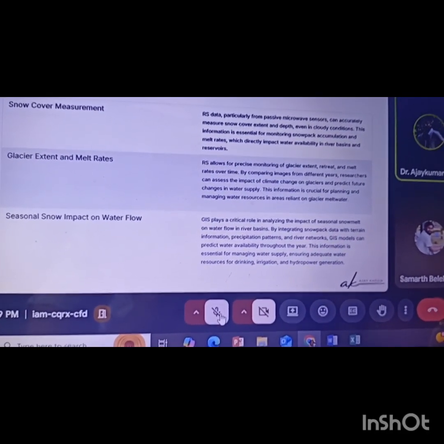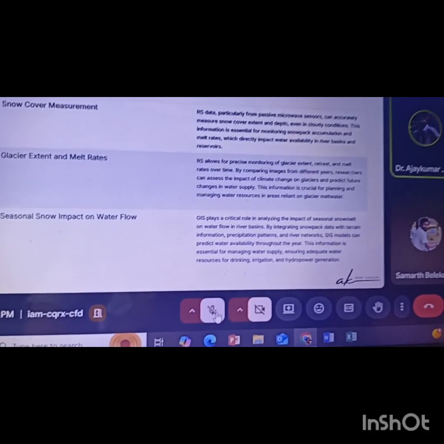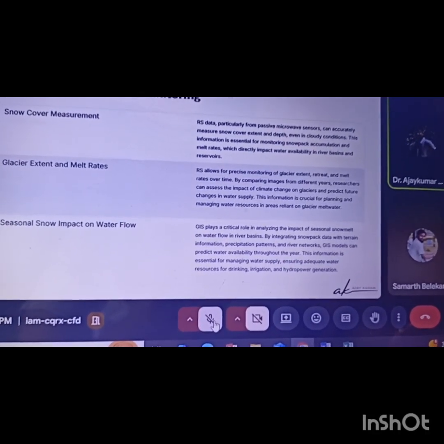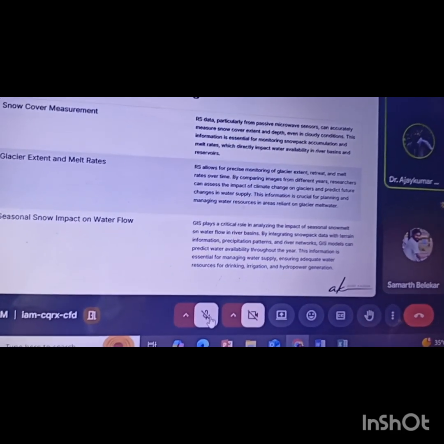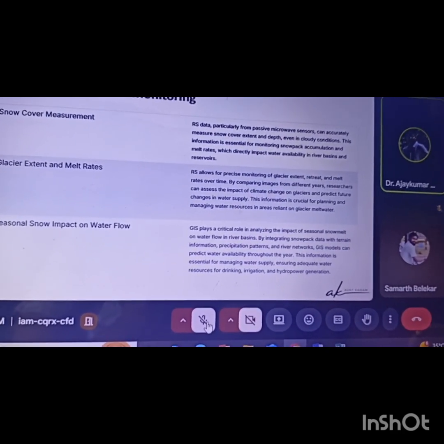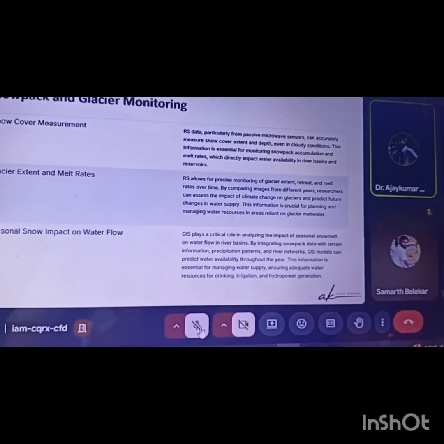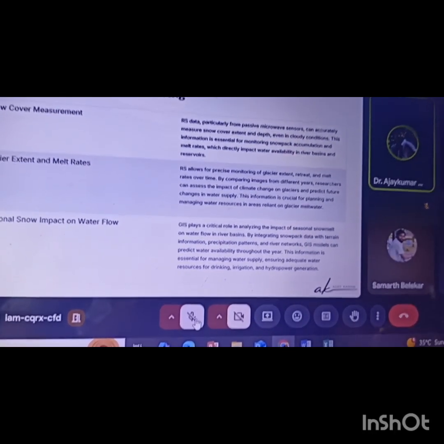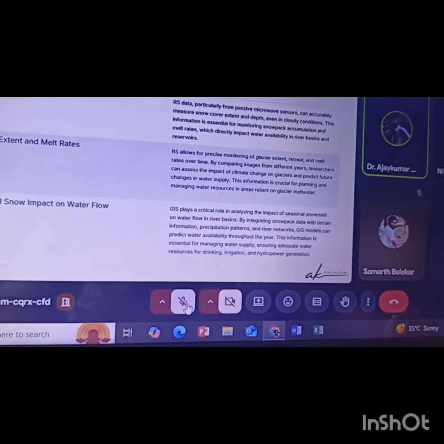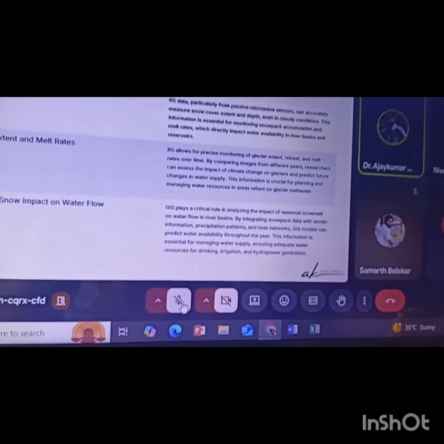Then snowmelt flow and the impact on water flows, like rivers, the precipitation pattern, terrain information, and river networks. We try to identify the seasonal snowmelt and its water flow. These studies we have mainly done in the Lidder Valley of the Himalayas, where we tried to identify the seasonal flows, because snow melts in the region and flows through the channel.